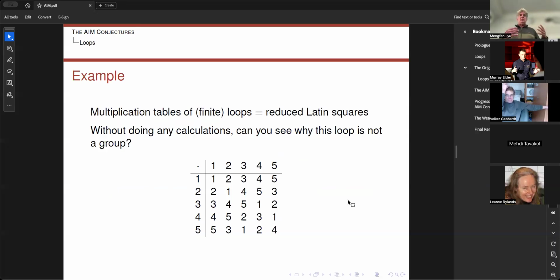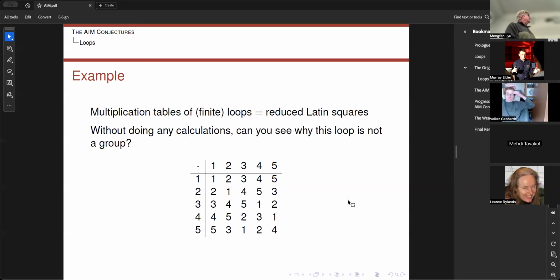So if you have a finite loop, one thing that characterizes it is that its multiplication table is precisely a reduced Latin square. Reduced in the Latin square context just means that the first row and the first column correspond to the identity element. Okay, that's the word reduced in Latin square jargon.